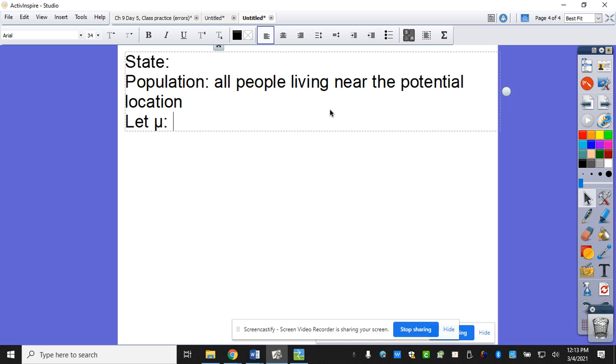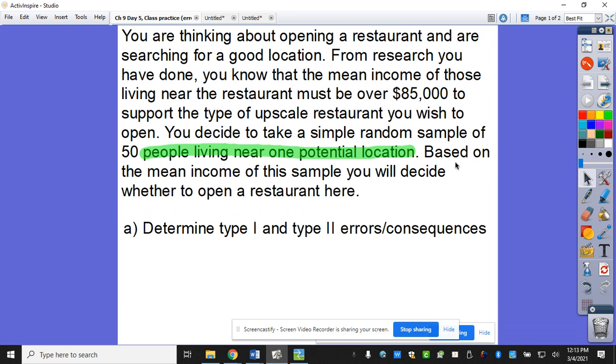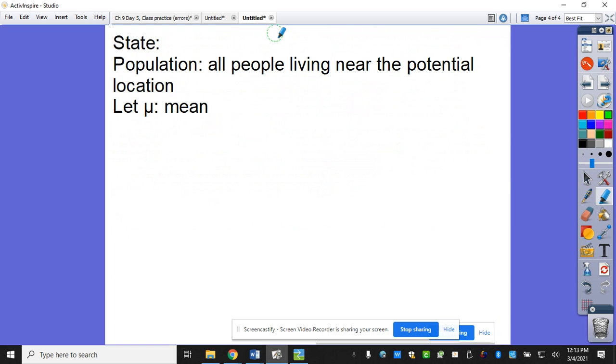And this is the, so both of these were word for word pretty much. So this is the mean income.